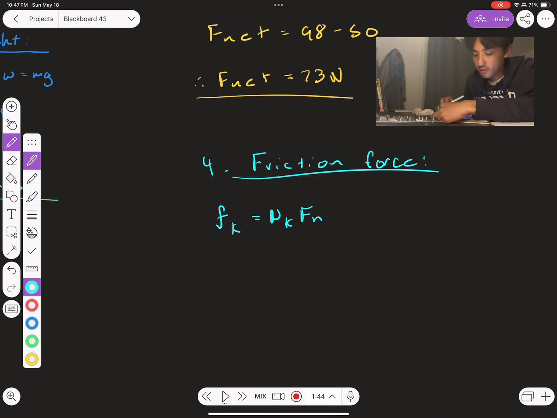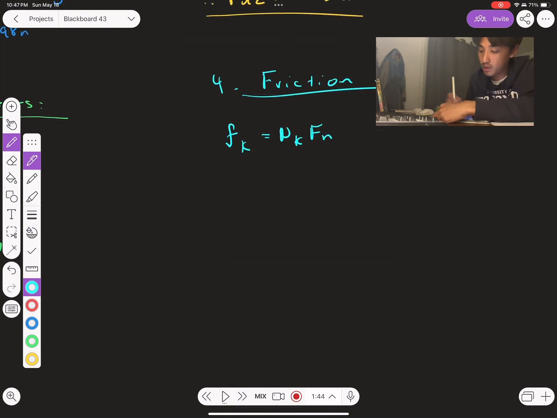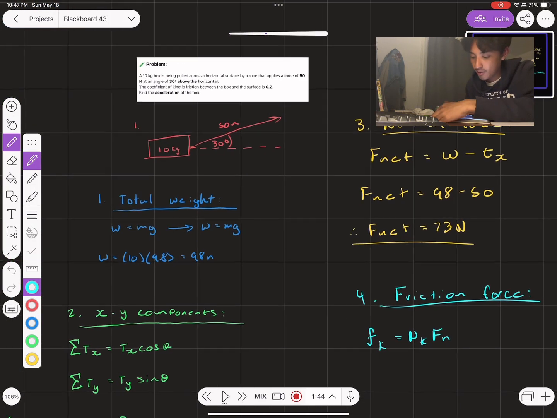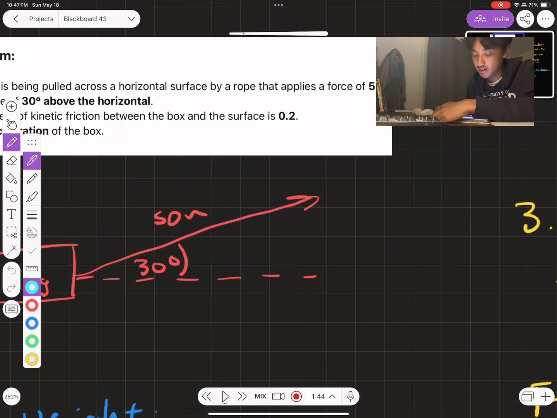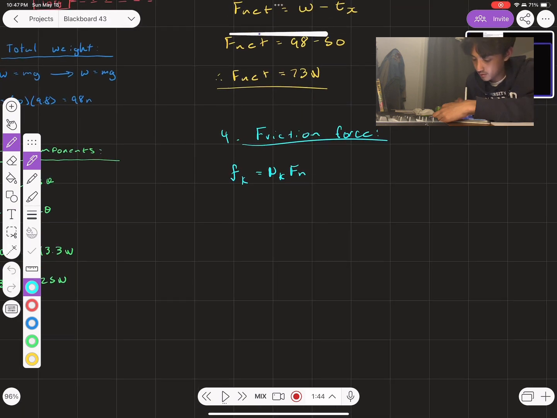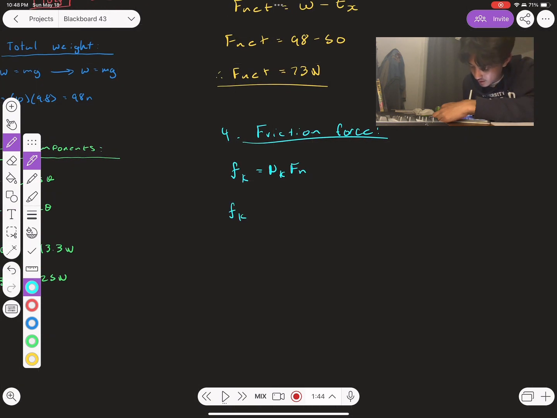And because we found our normal force, which is 73 newtons, we can find our friction force. In the question, they already gave us the coefficient of friction, which is 0.2. So Fk is equal to 0.2 multiplied by 73. Therefore, friction force is equal to 14.6 newtons.